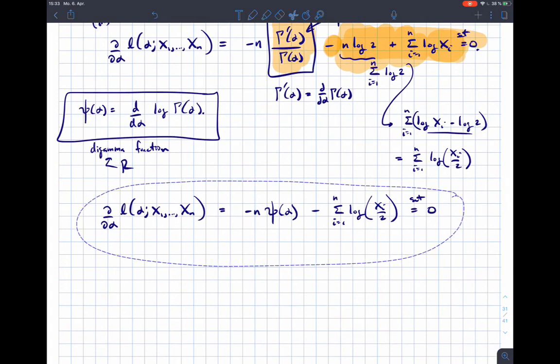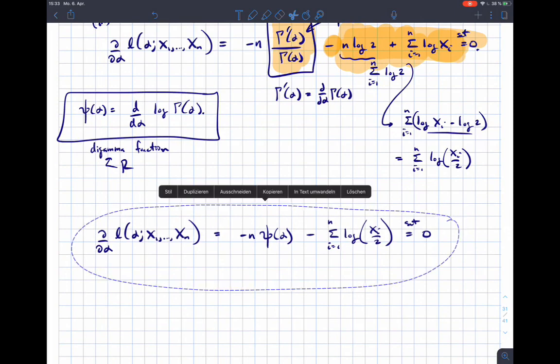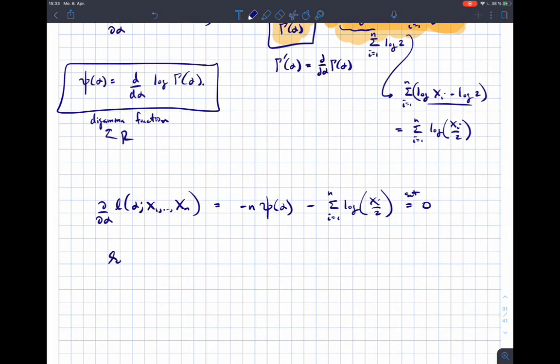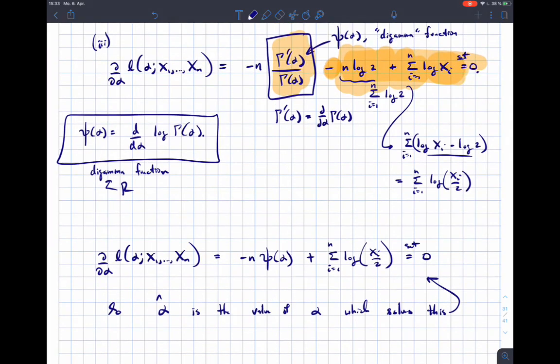Okay, and so alpha hat is the value of alpha which solves this. That should be a plus, coming from this plus.